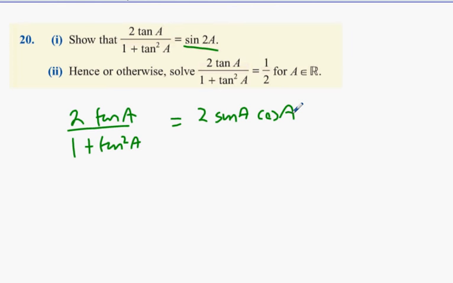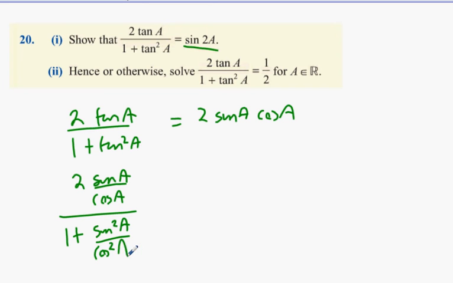Change tan. Sin squared a over cos squared a. Okay. And after that? Bring it up, flip it. What can I do with the number 1? Put a cos squared a.